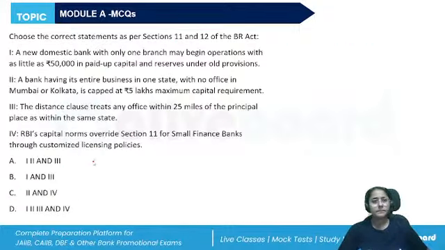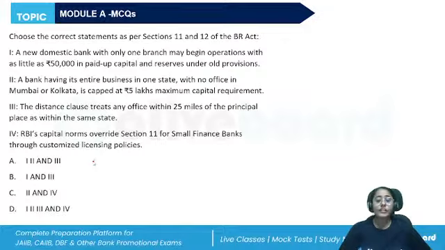All right. Again, choose the correct statements as per section 11 and 12. A new domestic bank with only one branch may begin operations with as little as rupees 50,000 in paid up capital and reserves under the old provisions. A bank having its entire business in one state with no office in Mumbai or Kolkata, the maximum capital requirement for them is capped at rupees 5 lakhs.